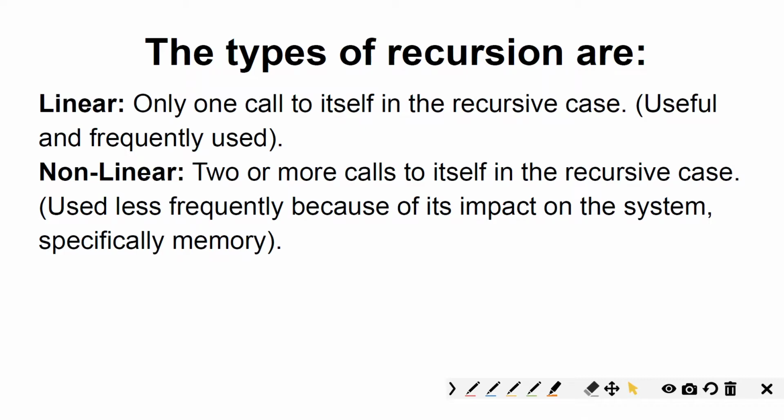Not enough memory, or if enough memory, it takes a lot of time to calculate your result. And those 2 types, it's really easy to remember, the linear and nonlinear. And there are subtypes. Later we see subtypes of linear and nonlinear and different examples.